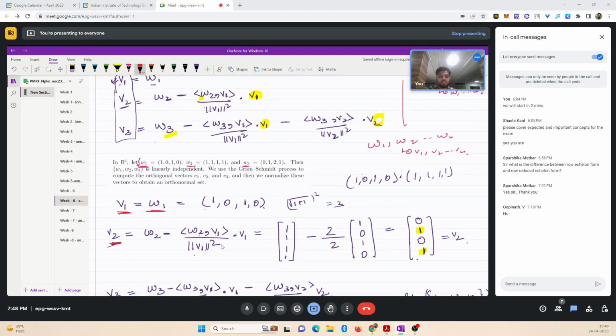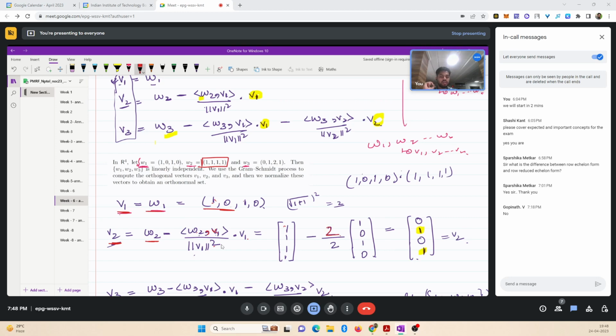Now for the next element, we take V2 to be W2 minus W2 dot product with V1, over norm of V1 squared, times V1. So if you look at the calculation carefully, this is W2, we have written 1, 1, 1, 1 over here, minus W2 dot V1. So we have V1 to be this. If you take its dot product with this, it becomes 1 into 1 as 1, plus 0, plus 1 into 0. So this becomes 2.